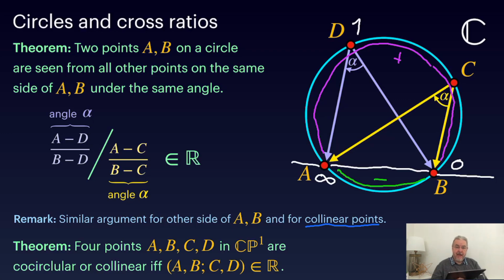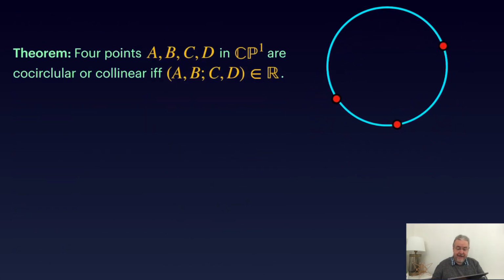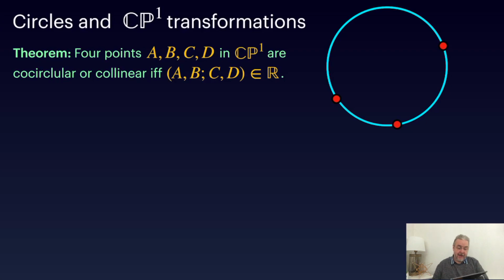So a line is actually a circle that passes through our point at infinity, and if you look at the stereographic projection, all the lines that are projected from the original number plane onto the sphere will actually really share this one point at infinity at the top of this sphere. So let us take this nice theorem now to further investigate the special role of circles and CP1 transformations.